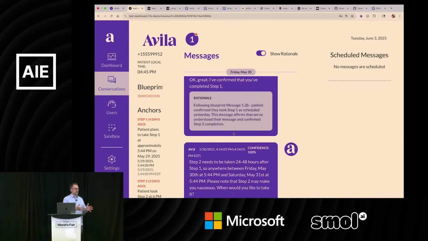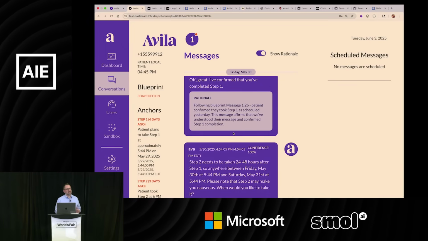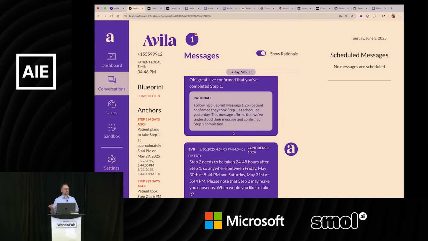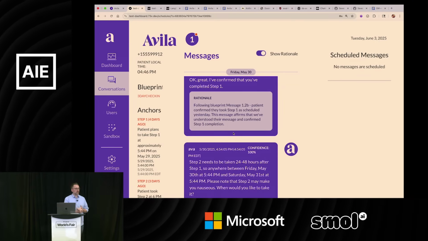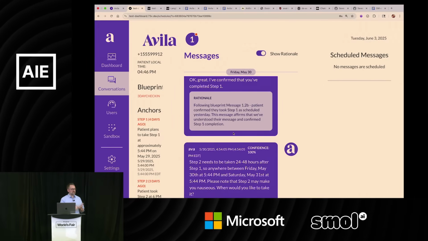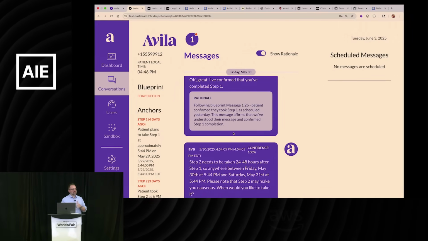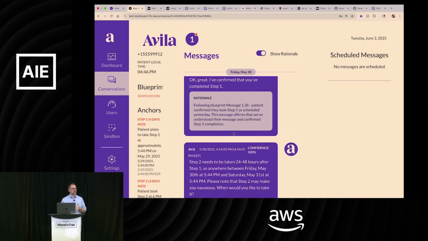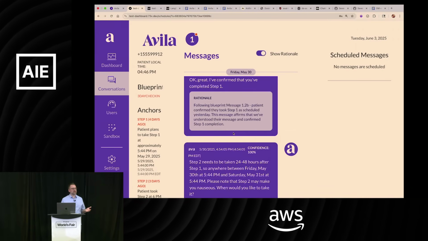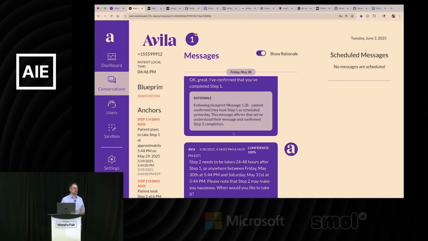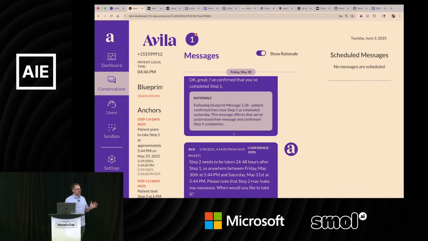In practice, it's not great at doing that, but that is the idea. And then the evaluator is also going to look at this and say, did you actually pick the exact blueprint response word for word? Did you adapt it? Does this seem right to you? We're trying to at least give a little bit of a layer before we get to humans. Hopefully we can trap situations like that and say, this is a complicated situation, a human should take a look. It is not an exact science, though. That's generally just true with this stuff.